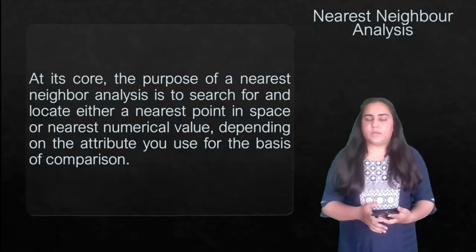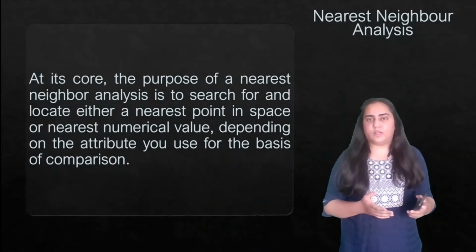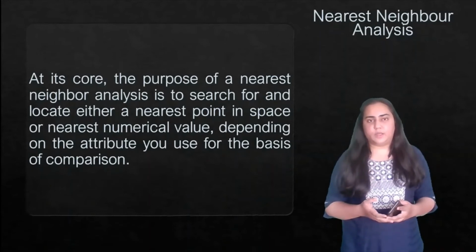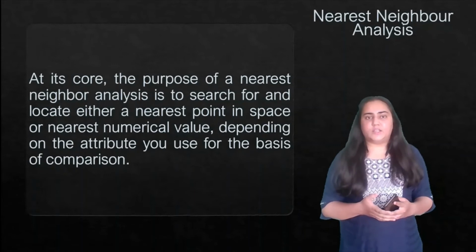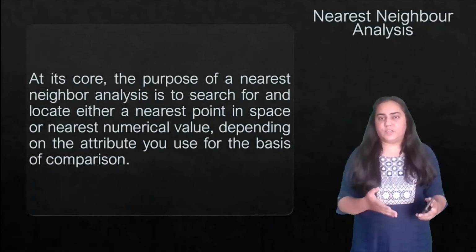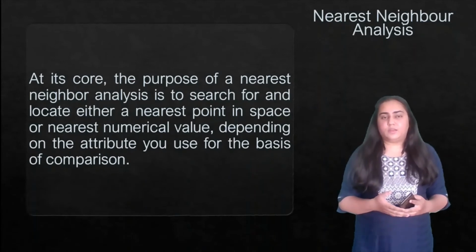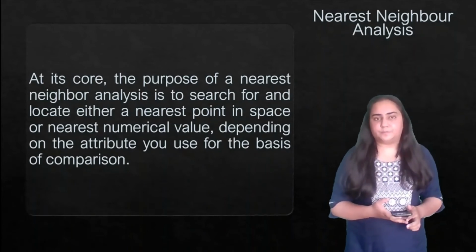Now we're going to see nearest neighbor analysis, which is used for both classification as well as clustering. At its core, the purpose of a nearest neighbor analysis is to search for and locate either a nearest point in space or nearest numerical value, depending on the attribute you use for the basis of comparison.